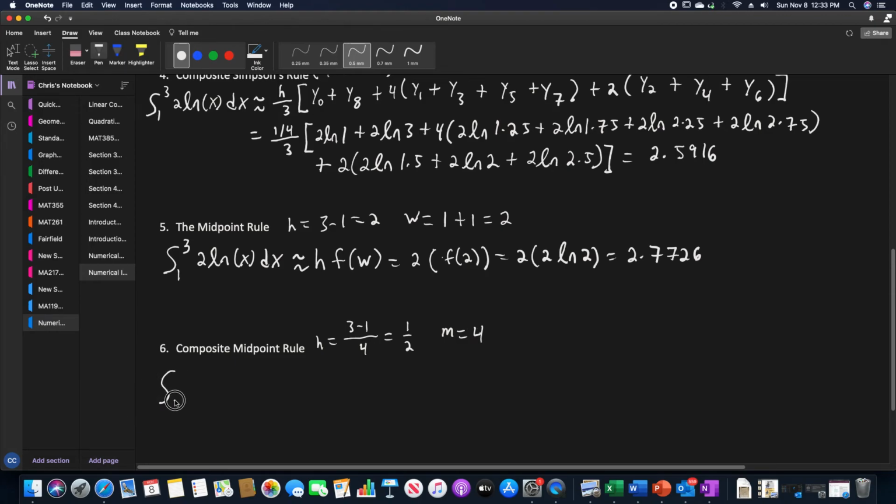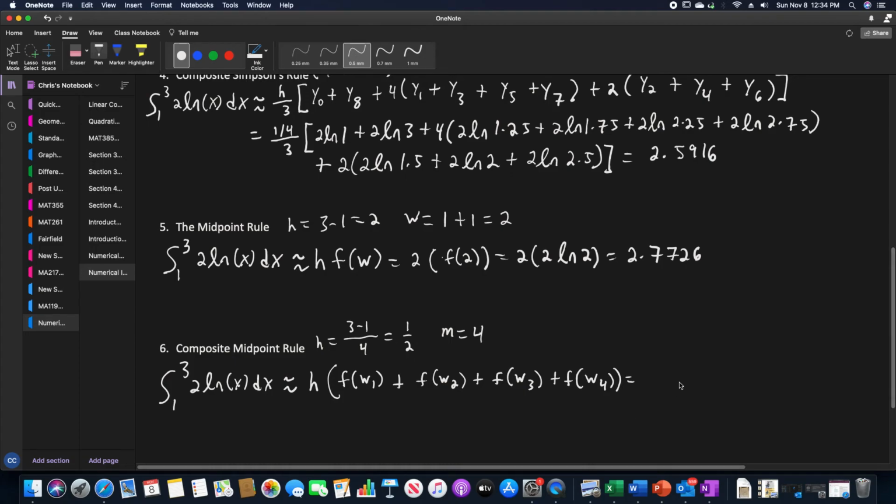So this is going to be the integral between 1 and 3 of 2 times the natural log of x dx, and we are approximating that by this formula of h times f of w sub 1 plus f of w sub 2 plus f of w sub 3 plus f of w sub 4.